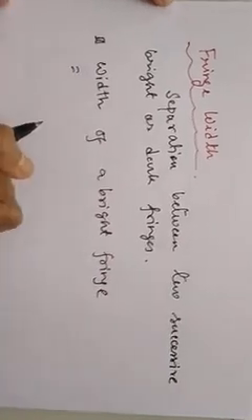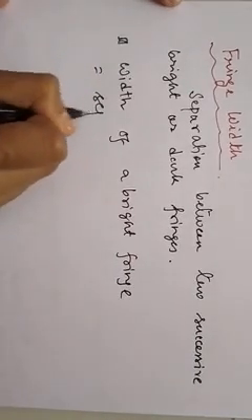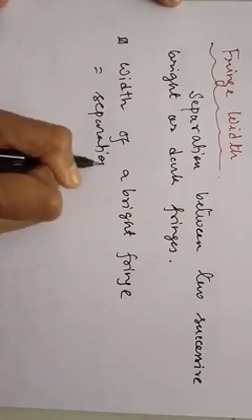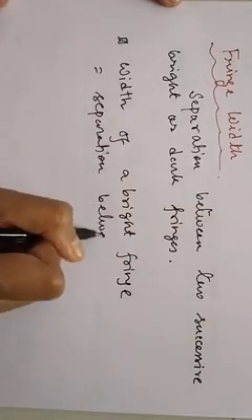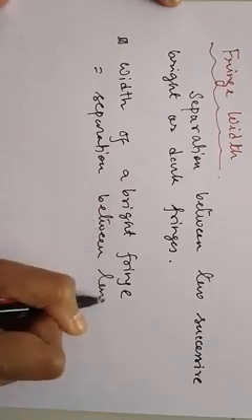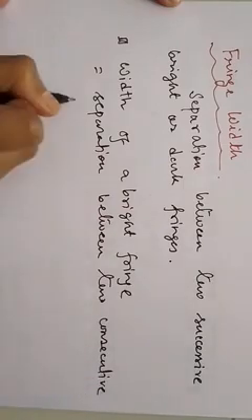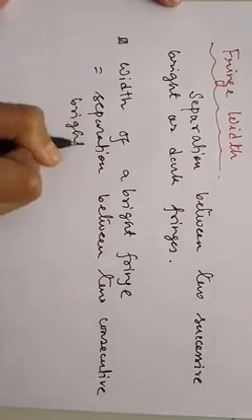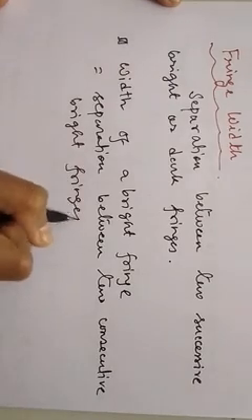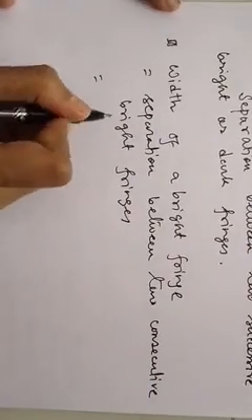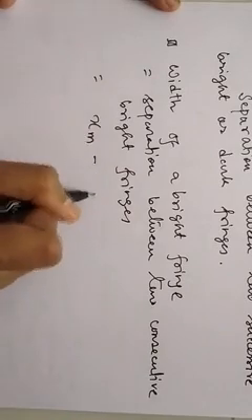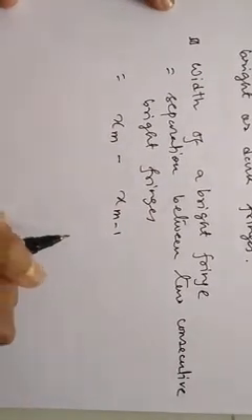So what is the width of the bright fringe? The width of a bright fringe is the separation between two consecutive bright fringes, which is, suppose we take the mth bright fringe minus the (m minus 1)th bright fringe.